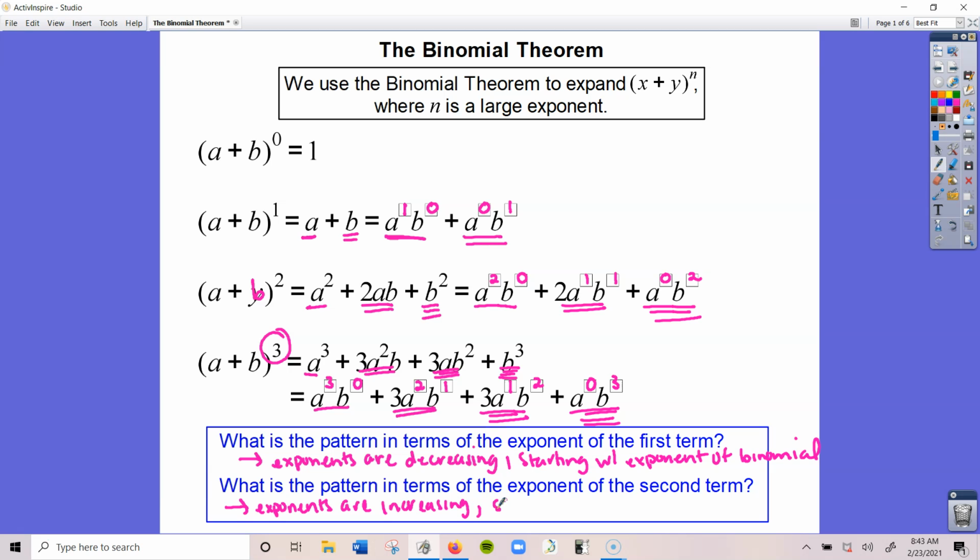But in this case, it is starting with 0. So that would be the pattern of your exponents. All of the first terms would decrease starting with the highest exponent, and all of the exponents of the second term would increase starting with 0. Now, remember here we have these coefficients. How do we get these coefficients if we don't just memorize them?